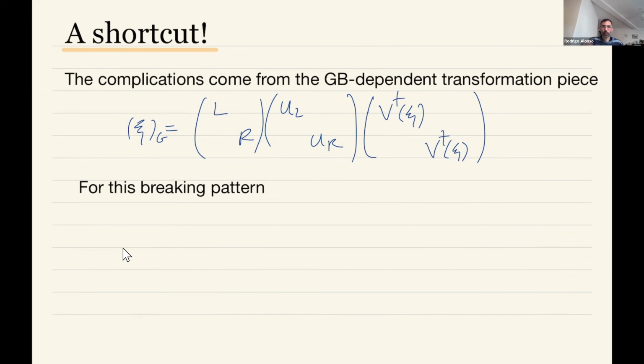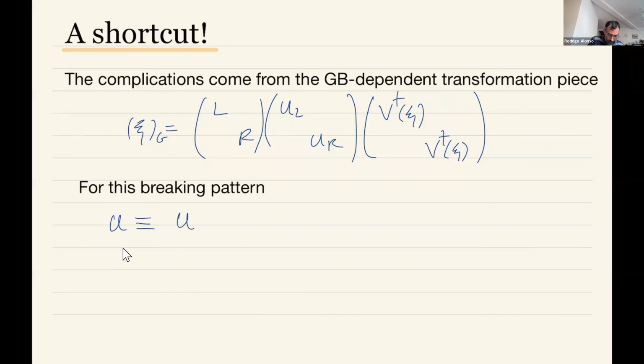And that's because if we go back to the discussion about Goldstone bosons that we had, all of the complications were coming from that Goldstone boson dependent piece, the transformation on the right. In this case, excuse me, this V dagger that acts on both of our 2 times 2 matrices. So we could follow the steps that we've done before to get rid of it, or we can also realize that the following combination does away with that V matrix.